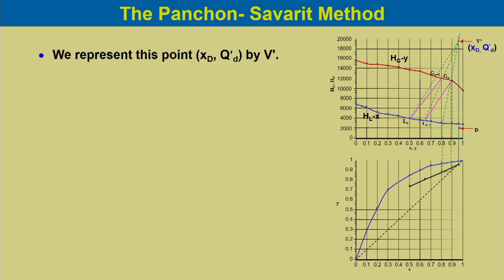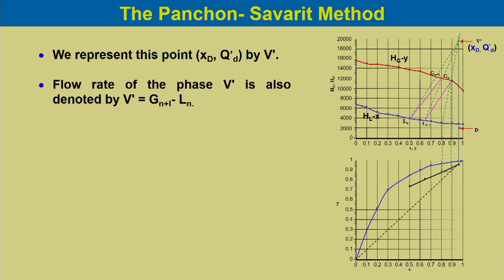We represent this point, Xd Qd dash, by V dash over here, and the flow rate of the phase V dash, also denoted by V dash, would be equal to Gn plus 1 minus Ln, because V dash can be obtained by subtracting Ln from Gn plus 1.